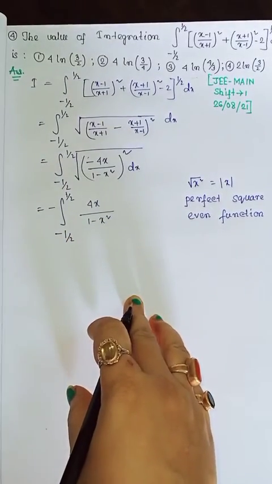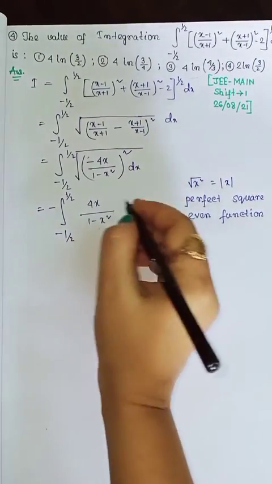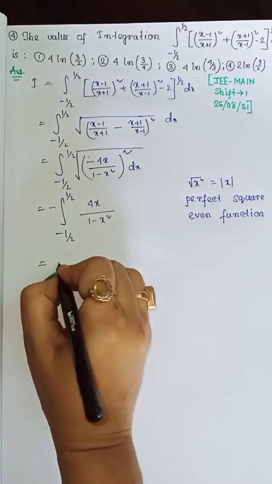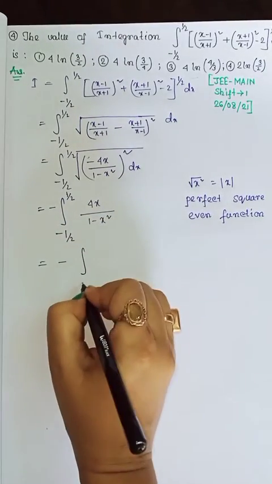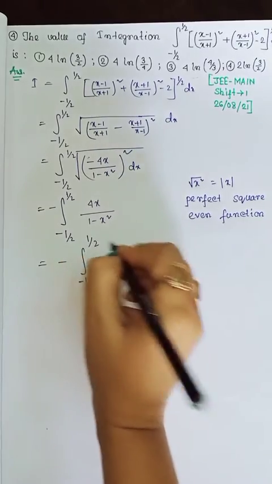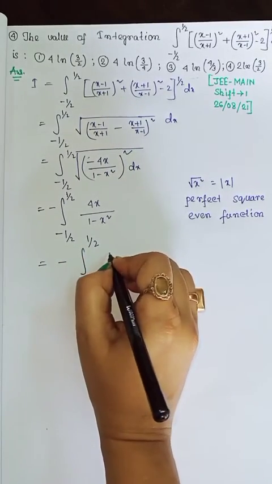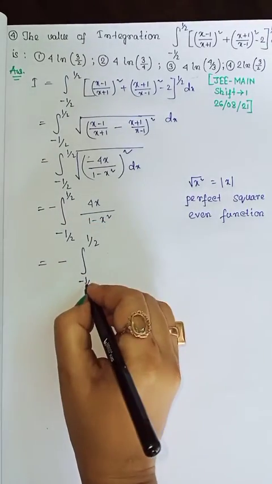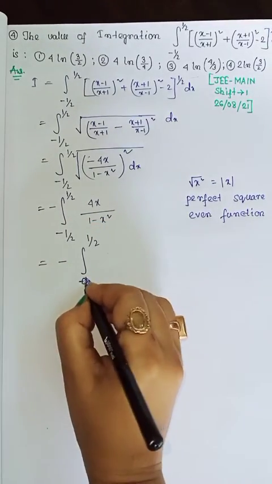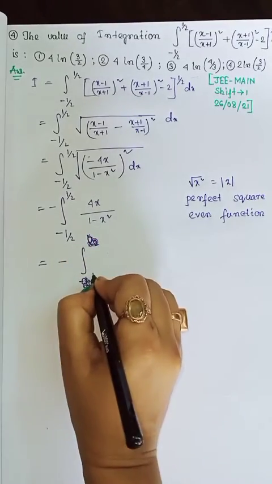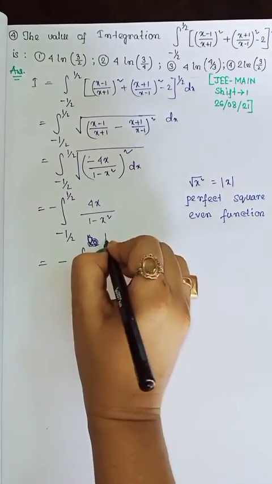Now this one is minus of the integration from minus half to half. We change the limit as it is a perfect even function, so its limits are 0 to plus half.